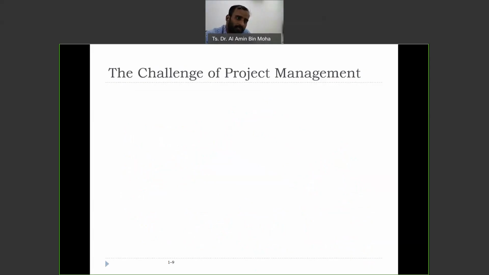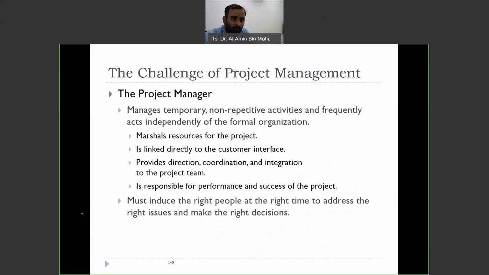This slide is giving you an insight into the challenges of project management. I'm not going to touch on it in detail, but basically it's very challenging to be a project manager, because you're going to manage temporary, non-repetitive activities and frequently act independently of the formal organization, like knowing everything about the resources. You also need to deal with the customer and their interface.